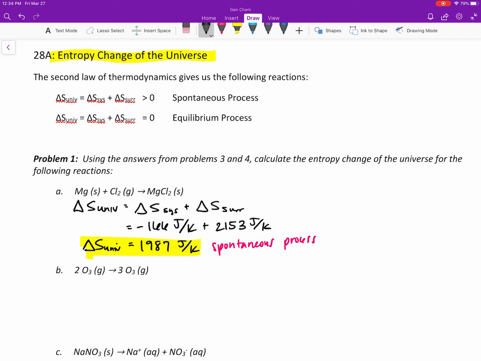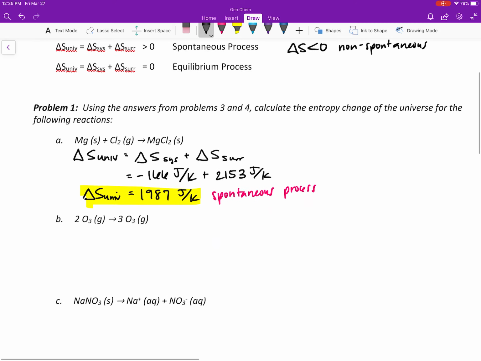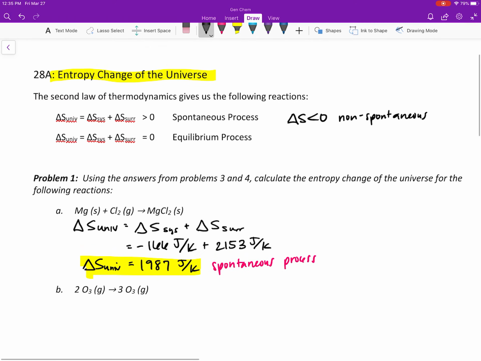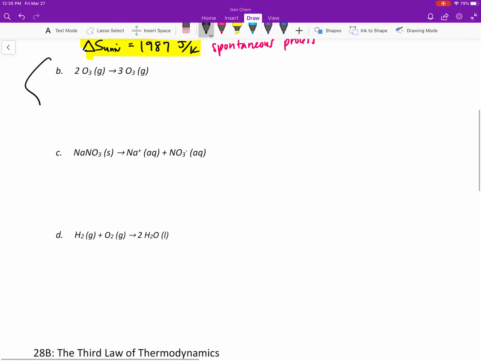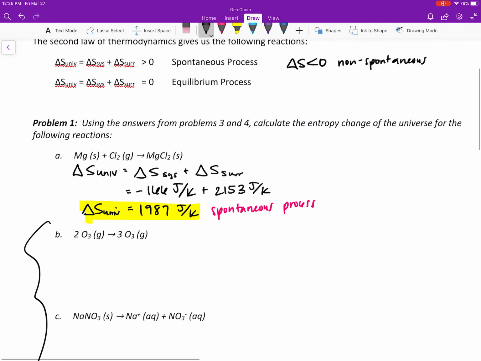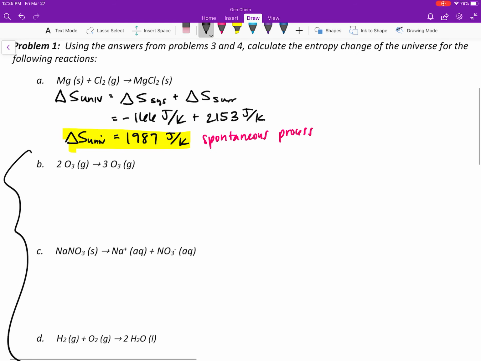Okay, so if delta S was less, this would be non-spontaneous. Okay, so go ahead and do that for the last 3 that you did on the previous lecture, and then go ahead and take it a step further and tell me if this process is one of the following: spontaneous, non-spontaneous, or equilibrium.